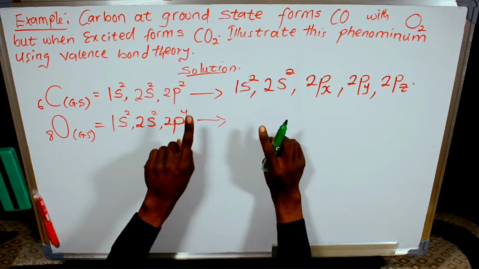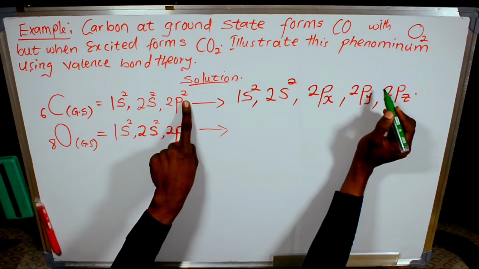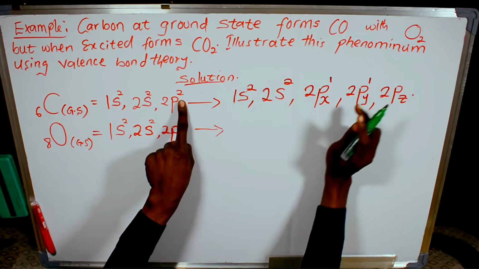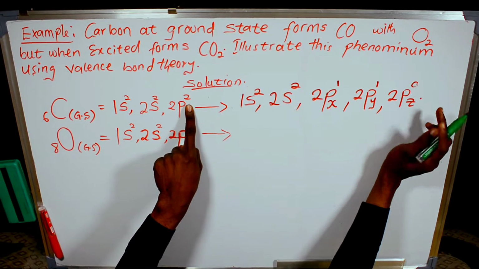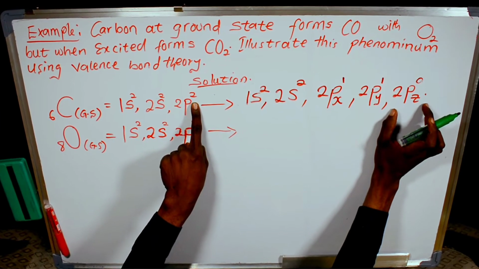But here the p orbital contains two electrons. So now we share these two electrons under this p. Then 1, 2, and these two are finished. Then here 0, that means this 2pz orbital has no electron on it.